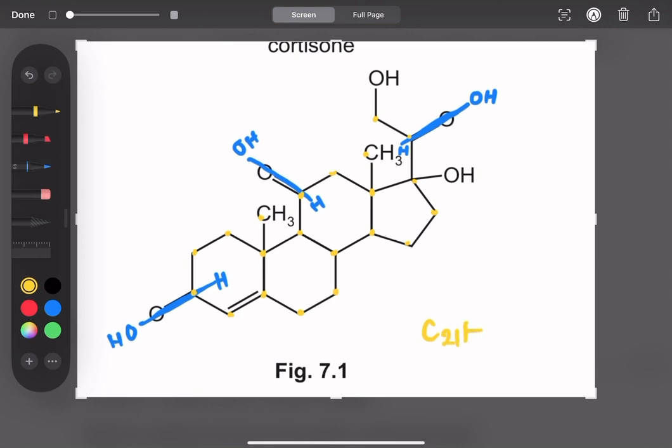C21. H: 1, 2, because it's a double bond, only one here. And then this bond is already 1, 2, 3, 4. So the C atom is already bonded with 4 bonds, so there's no more H atom.